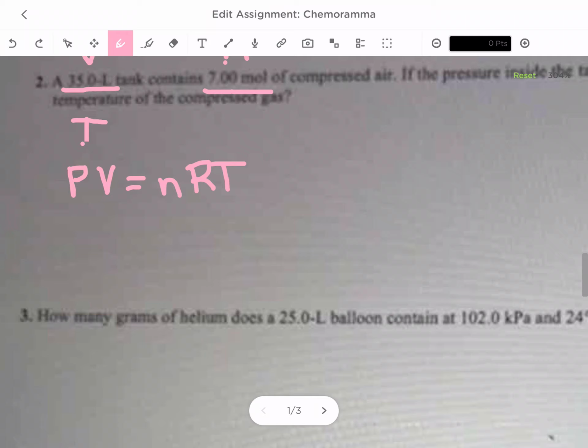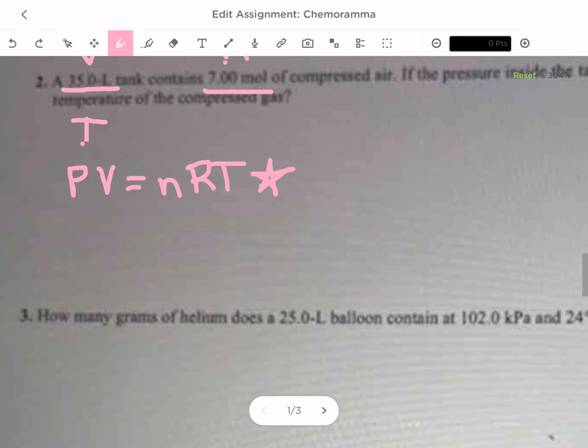Now my next step says math magic, and that means I'm going to fill my variables in this equation. Remember, your variables must be in kilopascals, moles, Kelvin, and liters. If they are not, you must convert them before you use this amazing equation.